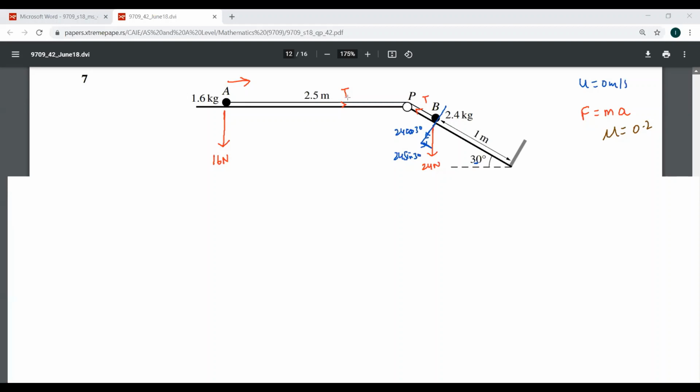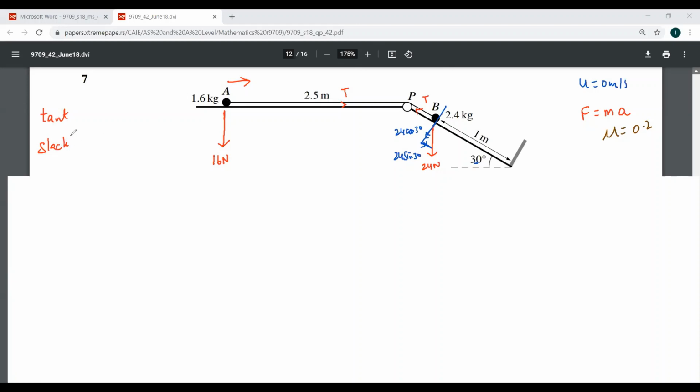In such a case, this is really a useful tip: divide the motion of A into two parts. One, when the string is taut. And secondly, when the string is slack.